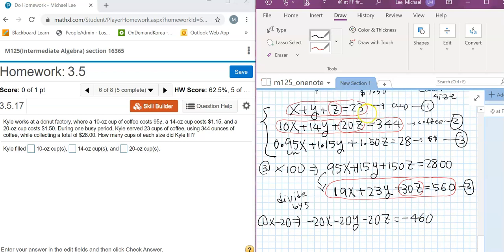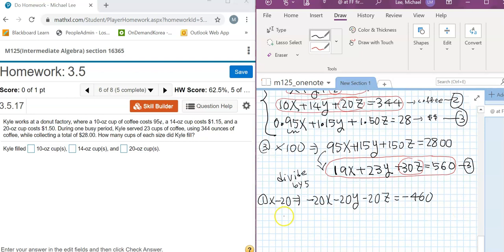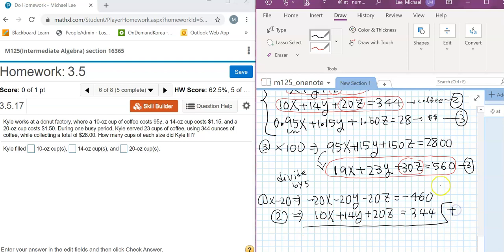I multiply negative 20 to the first one. Now, I'm going to put equation 2 underneath, which is 10x plus 14y plus 20z equals 344. So if I add to cancel what?